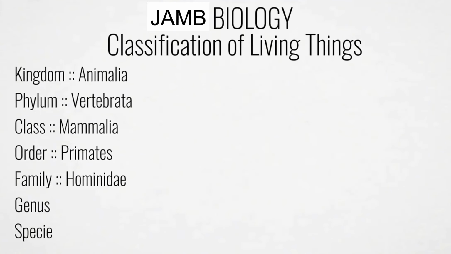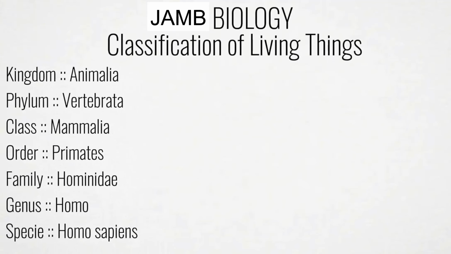Man also belongs to the genus Homo, of which their features include a reduced invisible tail and a narrow nasal septum. Lastly, man belongs to the species Homo sapiens, in other words, wise man.